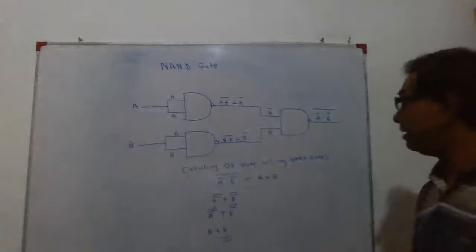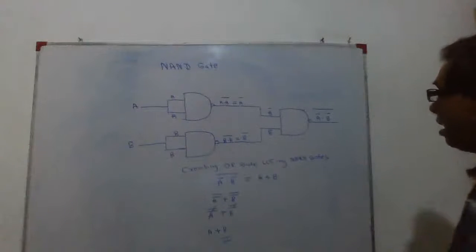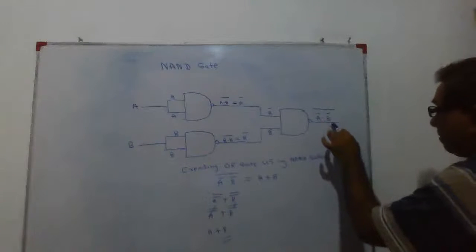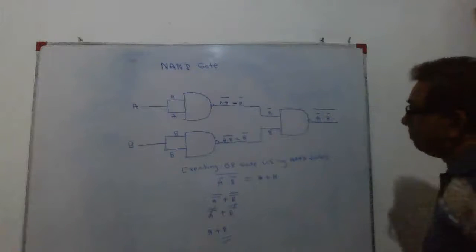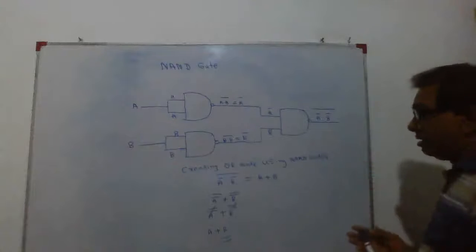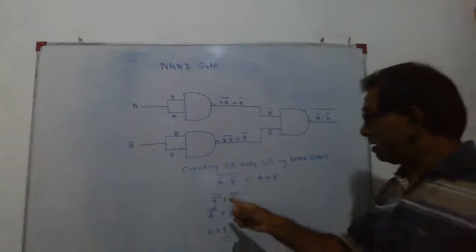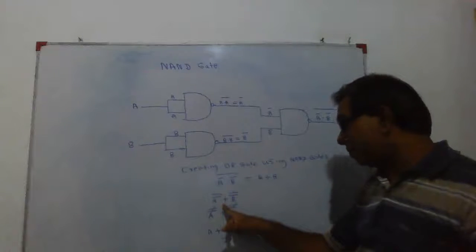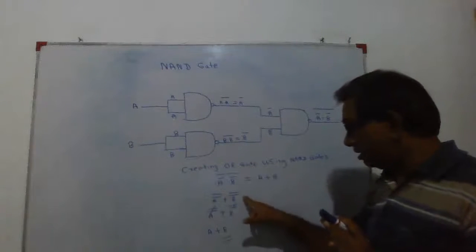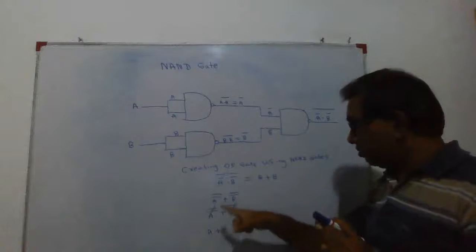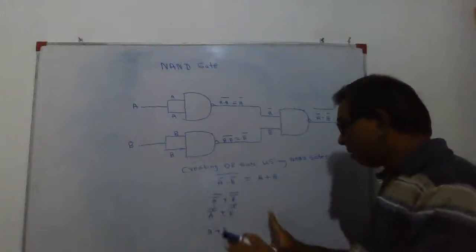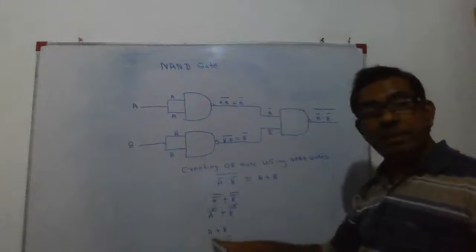The special thing is you get output like this, A bar and B bar, full dash. But by using the De Morgan theorem, we can break the full dash and change the operator. After changing it, you have double complements here. You can remove double complements, then you get A OR B. This is the OR gate.